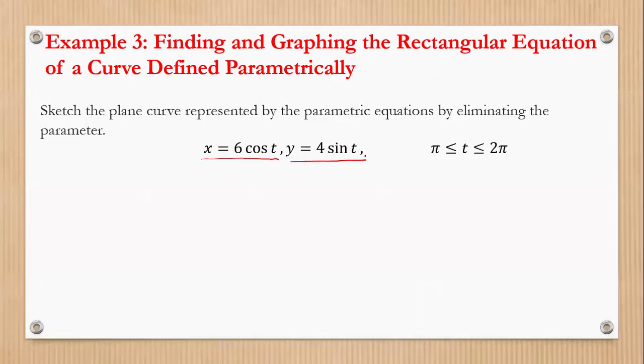But I think I can use one of the trig identities. When I see two equations, one based on sine and one based on cosine, the only identity that comes to my mind is that sine squared plus cosine squared is always equal to 1.